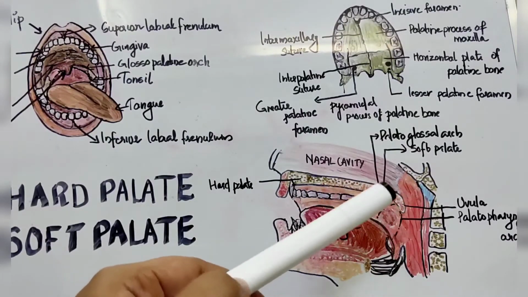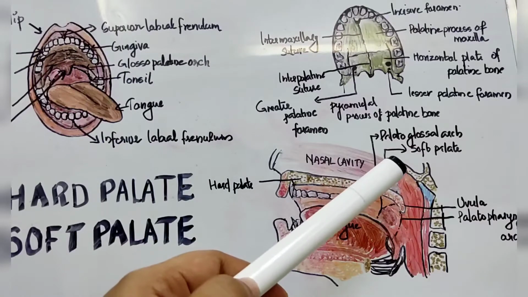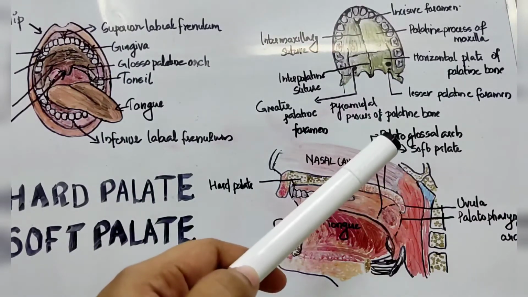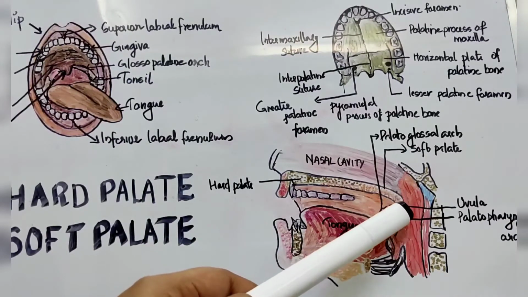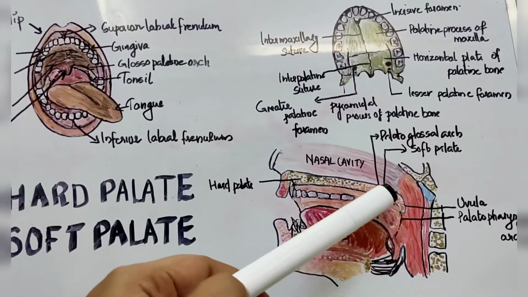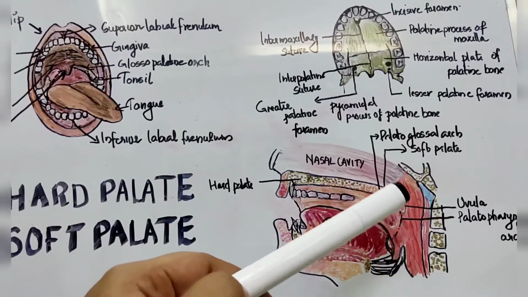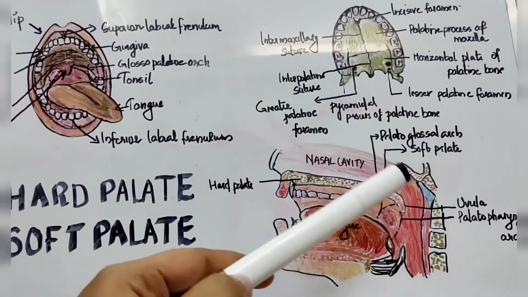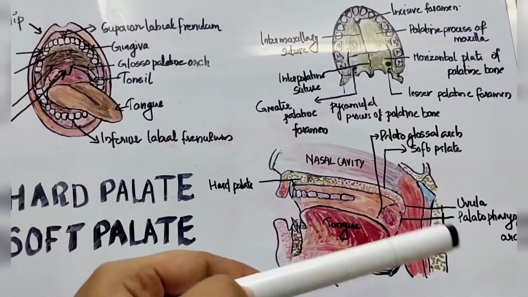So these are the 5 muscles of the soft palate.